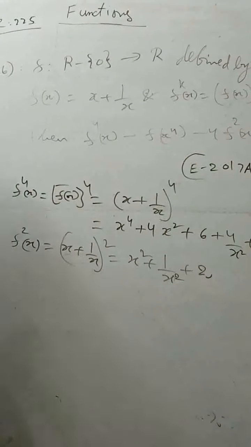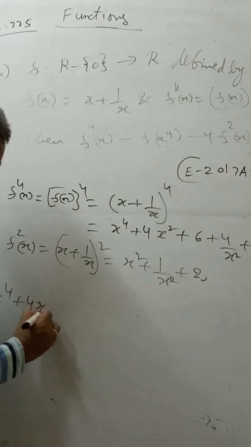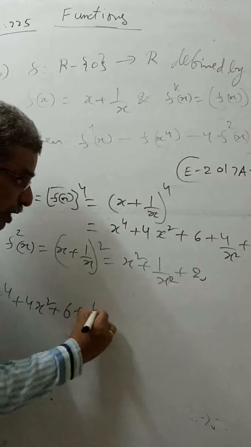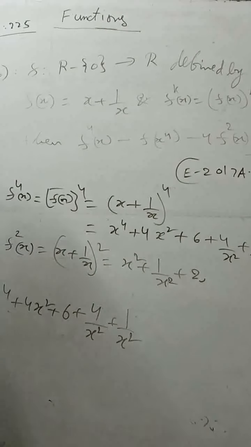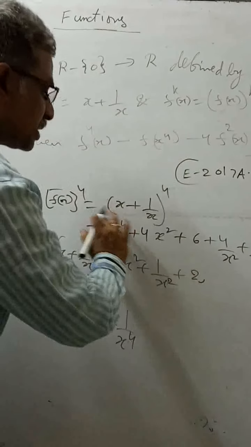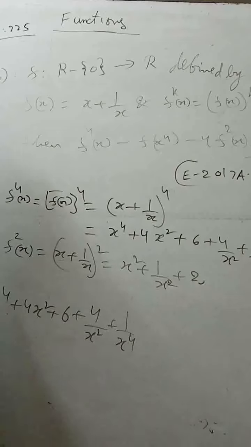Now coming to our required value, f power 4 of x means x power 4 plus 4x square plus 6 plus 4 by x square plus 1 by x power 4. I expanded this using the binomial theorem that you will learn in second year. You do whole square, whole square.